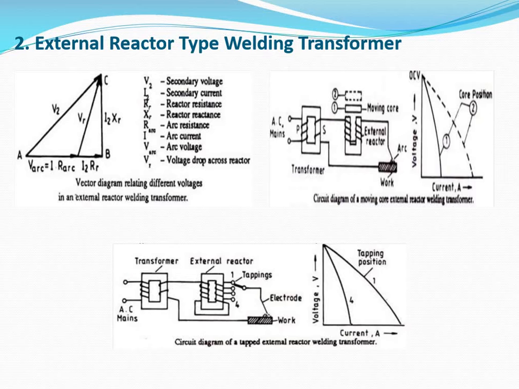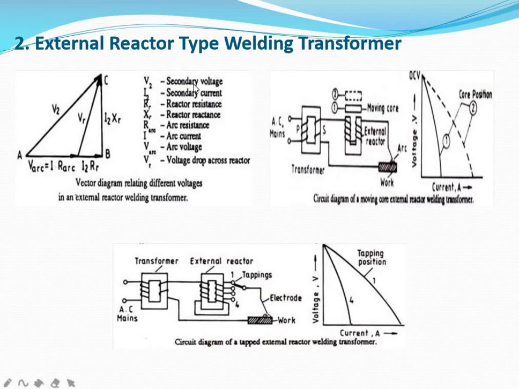If the secondary voltage of the welding transformer is V2, the arc voltage is say V arc, and the total resistive cum reactive drop across the reactor is say VR, then these three quantities can be diagrammatically shown here.